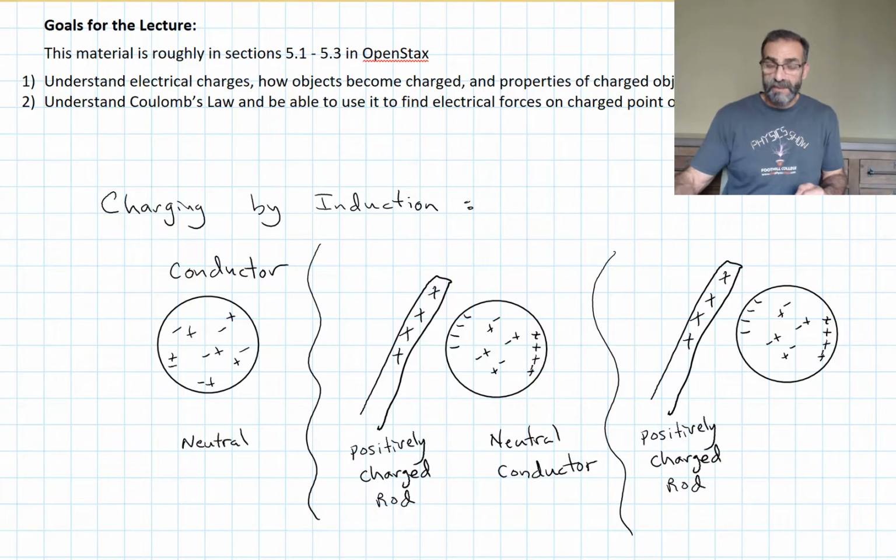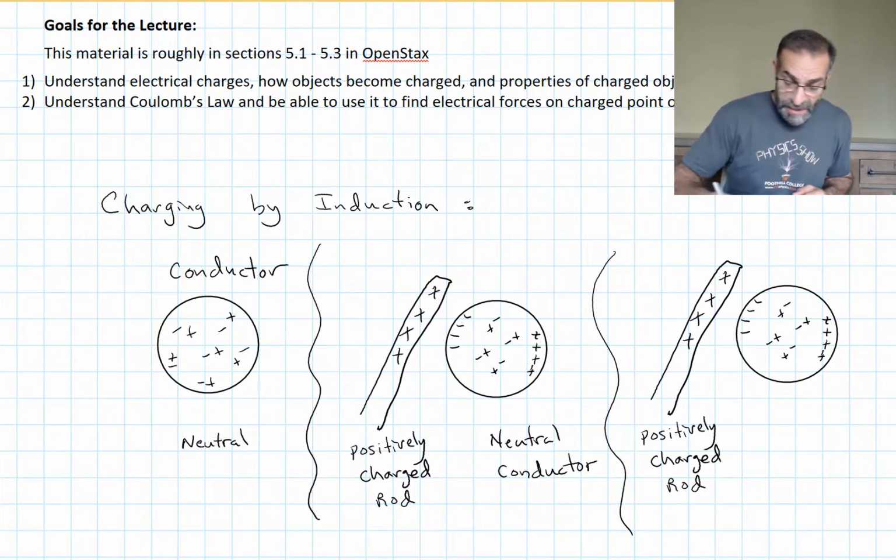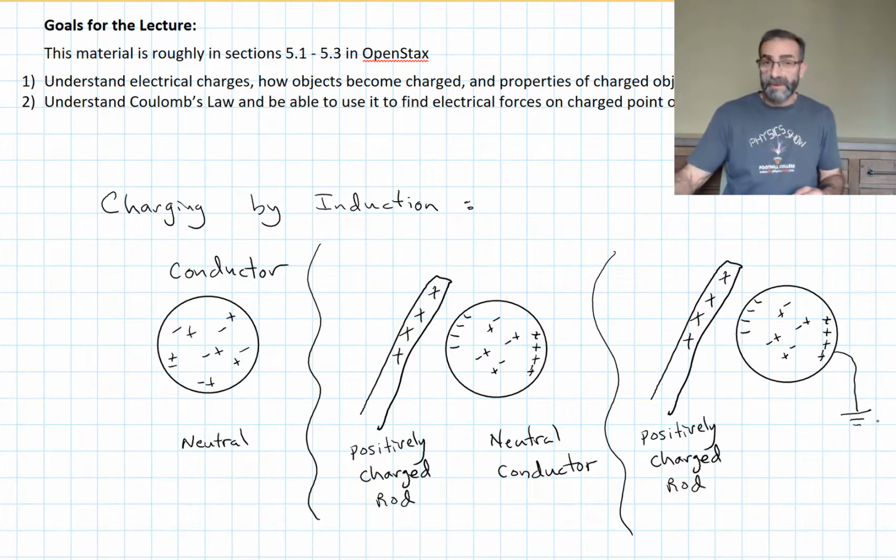What would happen if we allowed more electrons to enter or leave this sphere? Let's ground it. Let's attach this side of the sphere to ground. That's the symbol for ground. Ground is like a huge reservoir of excess charges. What's going to happen is that the electrons from ground, from this huge reservoir of excess charge, will come up.